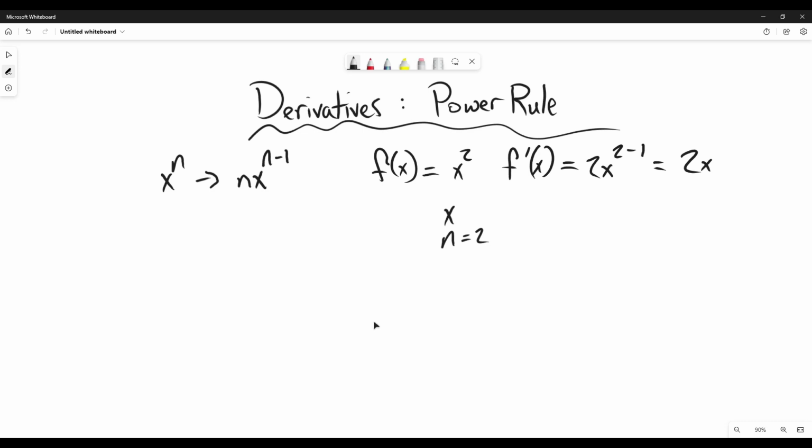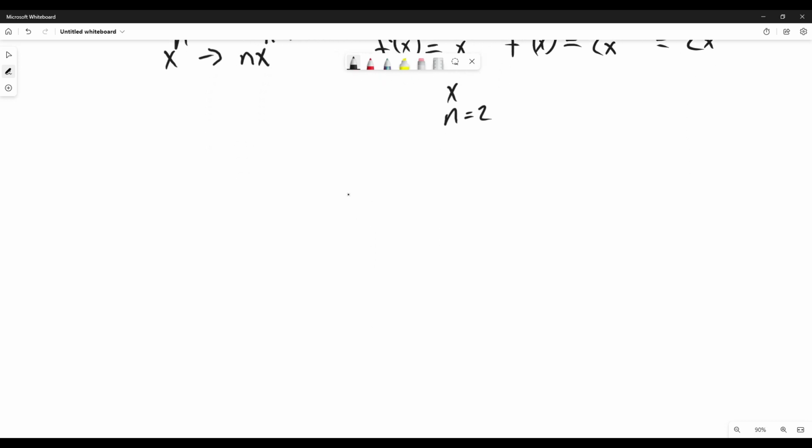Now, let's do an example. Let's assume we have the function f of x equals 2x cubed. The derivative of 2x cubed would be, now since we have a coefficient, we have to multiply the n by the coefficient.